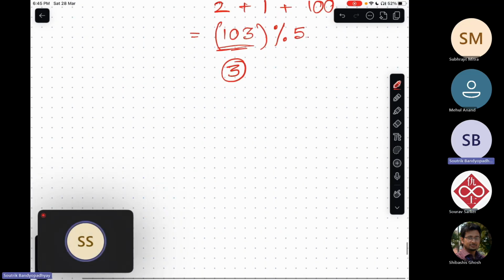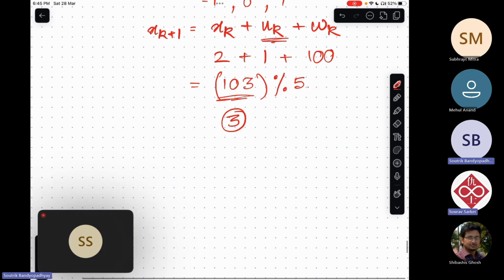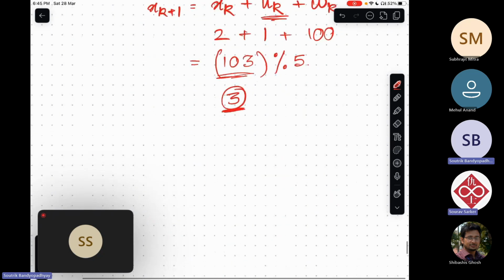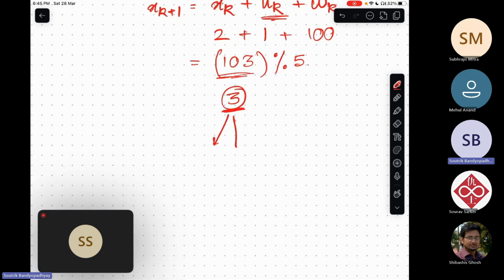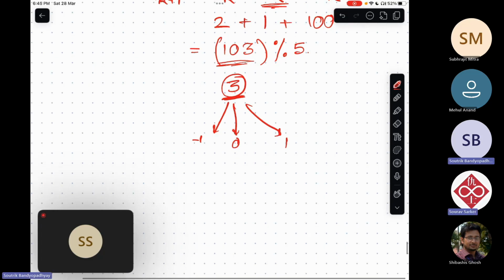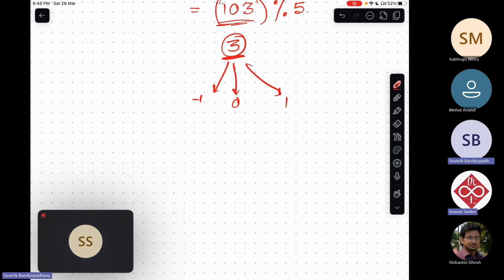Now, sitting here and applying this action u_k, you observe that the next state becomes 3. Now, based on 3, you have again 3 actions: -1, 0, and 1. And let's say these take you to, I don't know, 2, again 4, and this becomes 4, right?